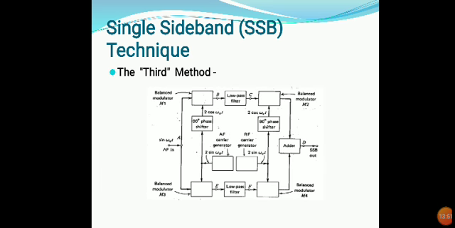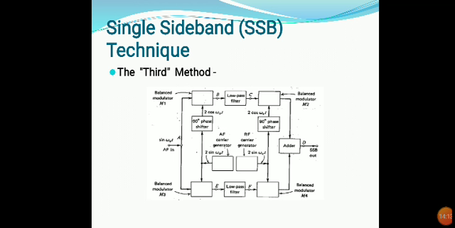The third technique of single sideband is called the third method. The name itself comes because this is the third method. The earlier 2 methods were the filter and phase shift methods, but this method is the third method. This is also the same as the phase shift method, but there are certain additional blocks.